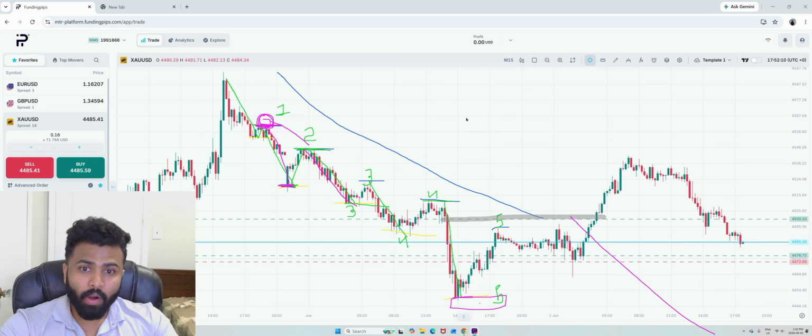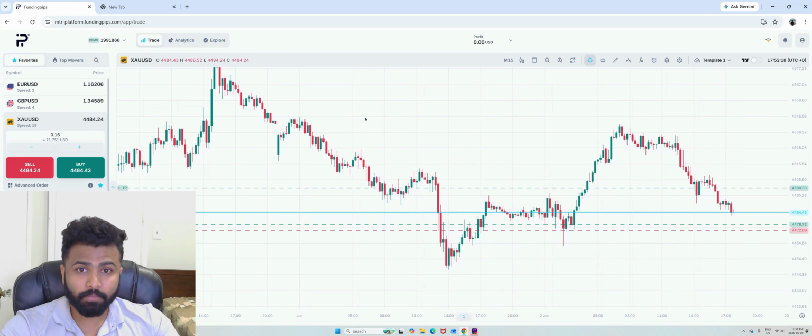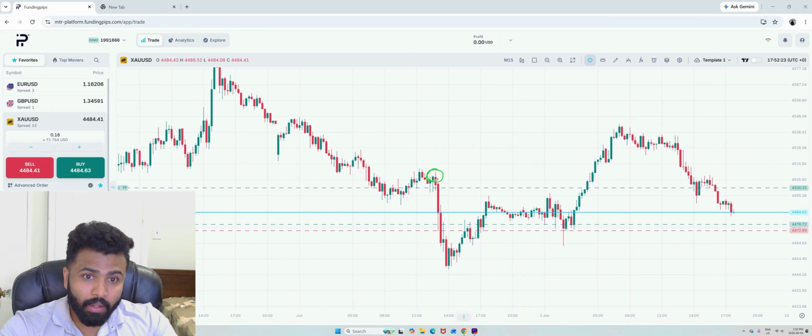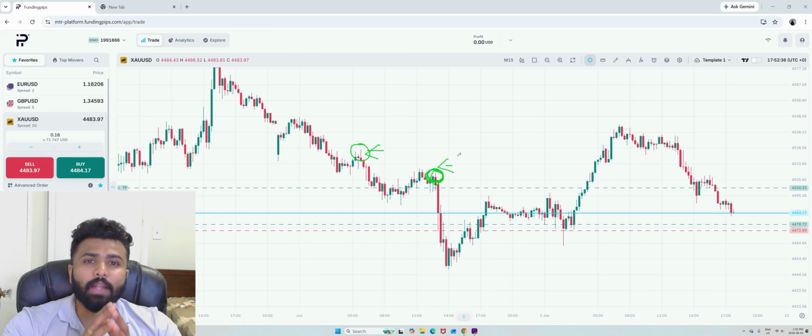And where would be the last seller's stop loss? Now, in this case, right here, whoever has sold in this area, that would be the last sellers' zone. So either in this area or this other area, there are stop losses for sellers. Now, in order to understand the market, you need to understand the psychology of buyers and sellers.